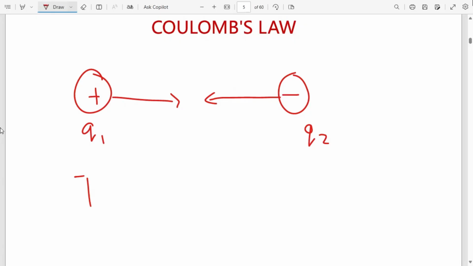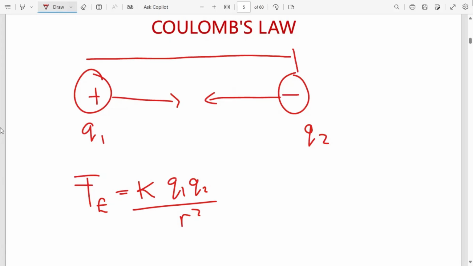This electrostatic force can be calculated using this formula: F equals K, which we call the Coulomb's constant, times Q1 multiplied by Q2, over R squared, where R is the distance between our two point charges.